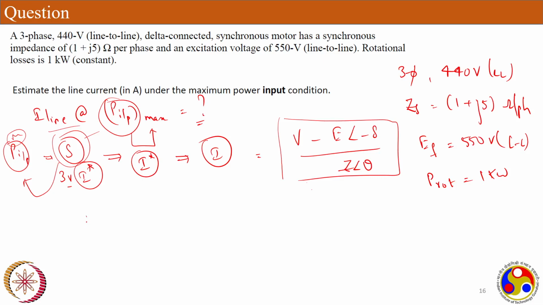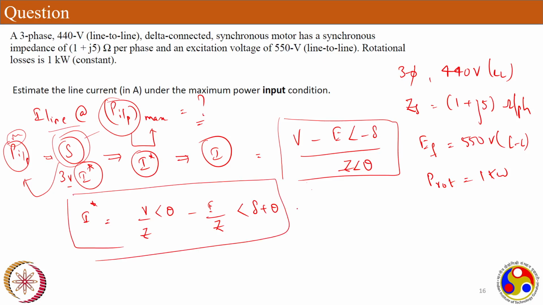So I star, the conjugate, would be V by Z at an angle of theta, minus E by Z at an angle of minus delta minus theta, so it will be delta plus theta for I star. Now I got I star.